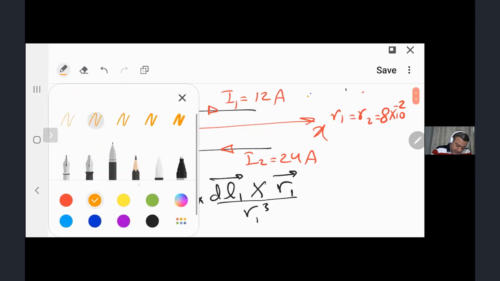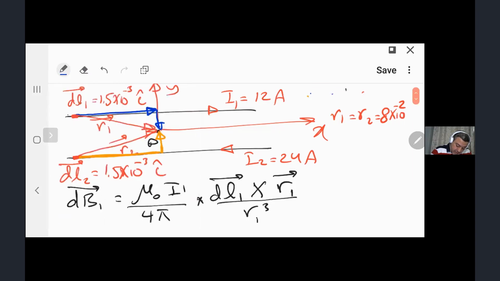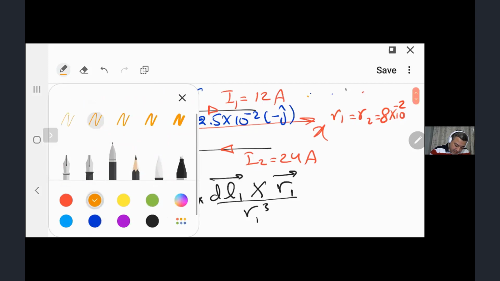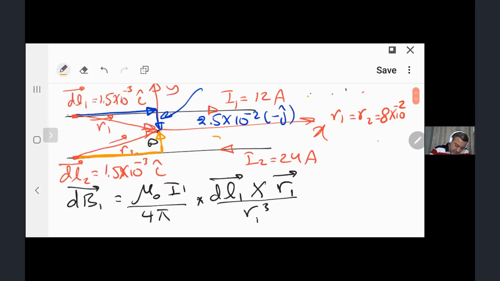This other vector would be minus 2.5 centimeter, which is half the distance, and the direction is minus j hat. However, this one will be 2.5 j hat, positive. So one of them is negative, the one that goes in the negative direction, and the other one is positive.